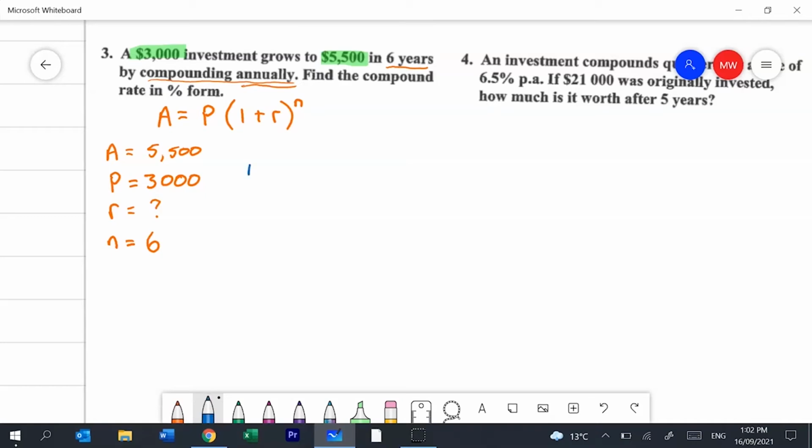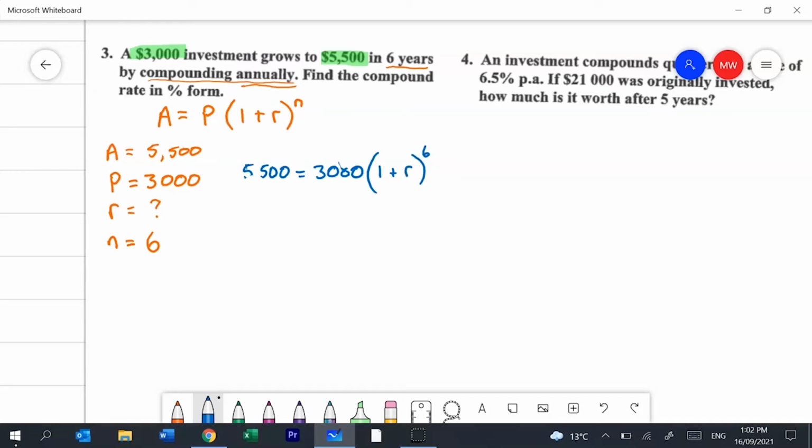All right, let's do this. We've got A. Oops, we already know what A is, so let's fill it in. 5,500, and that equals the principal of 3,000. Probably shouldn't put commas in, should I? Old school. I've got 1 plus my rate, and then I've got 6 at the top here.